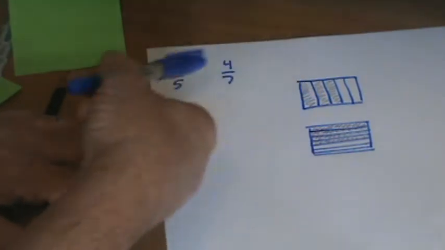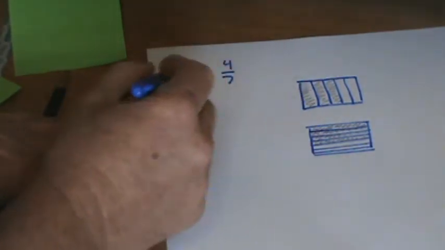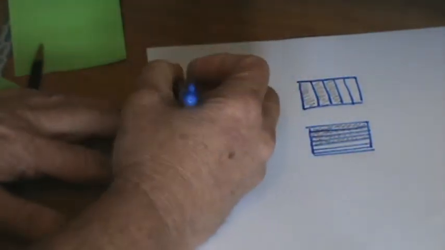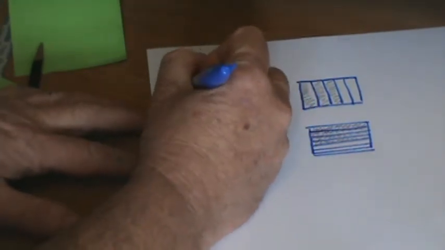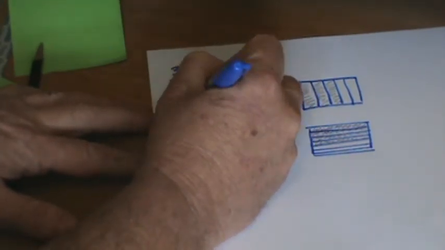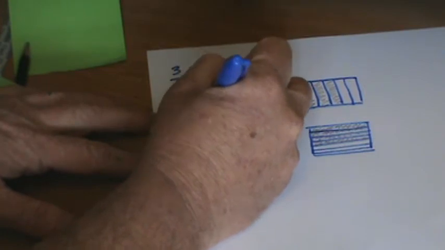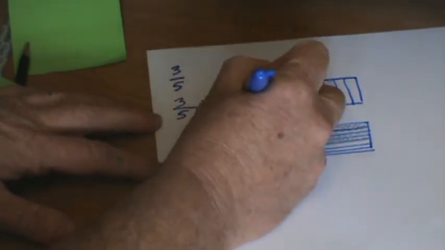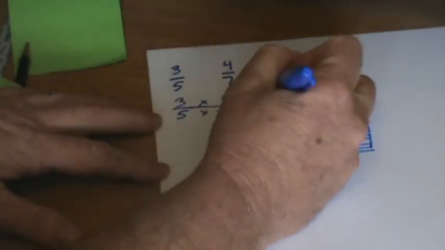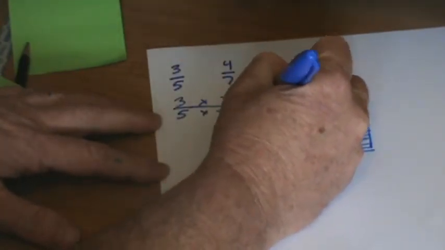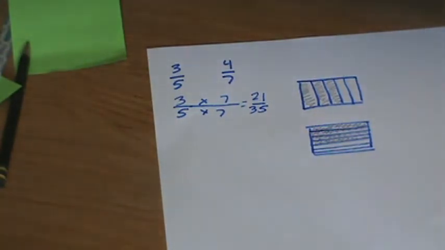Now we need to do our multiplication to break these into a common denominator. I just go 5 times 7. So 3/5 times 7: 3 times 7 is 21, and 5 times 7 is 35. Let's break this up into 35 pieces.